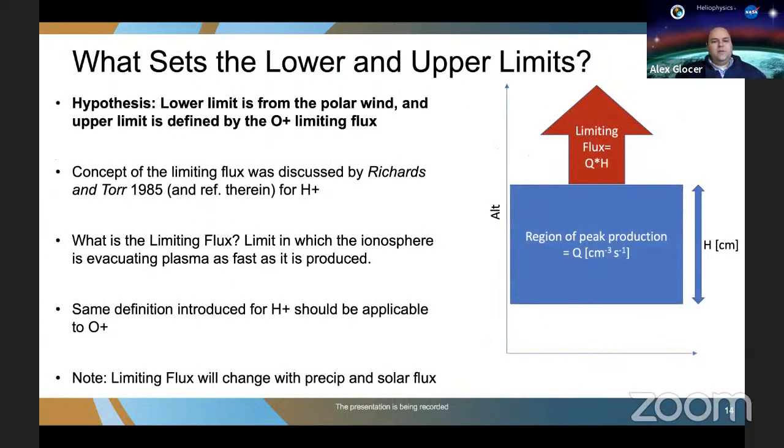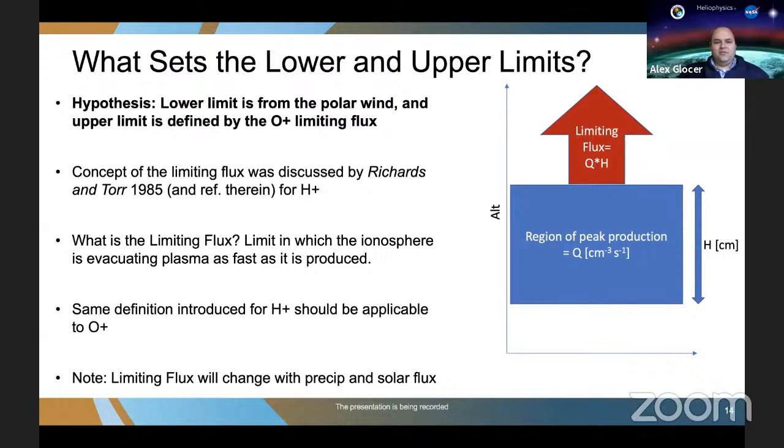In terms of what sets the upper and lower limits, one of the things that I found pretty useful when doing this work is to think about what could be doing that. One possibility for the lower limit is the polar wind. The polar wind is flowing out all the time and is not as affected by some of these energy inputs.